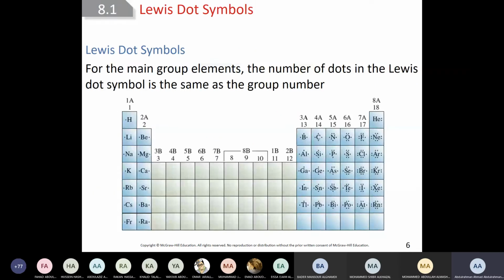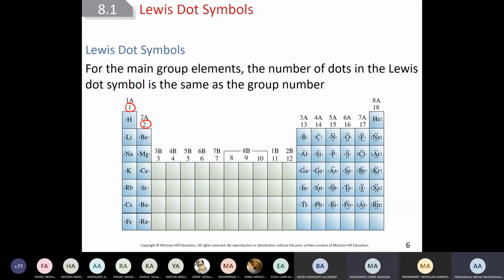If you do it, this is now the main group. What's the valence of the first group? One. Not plus. The valence of this one is 2. It's not plus or minus.